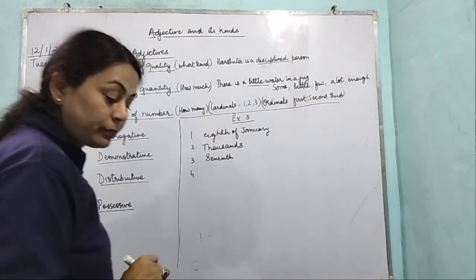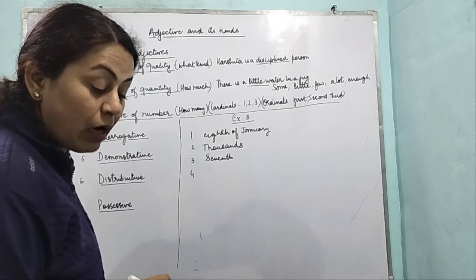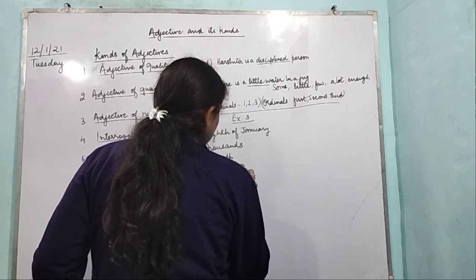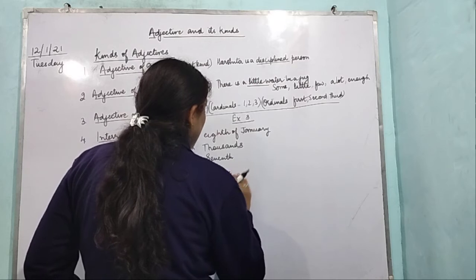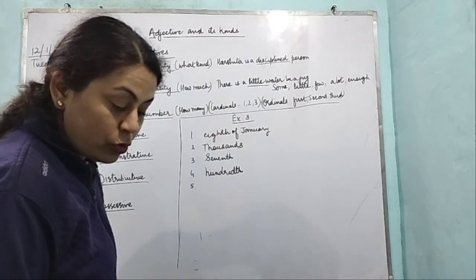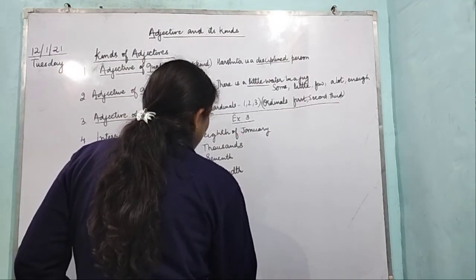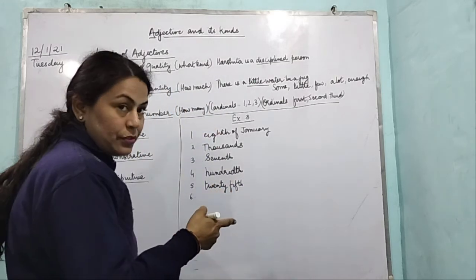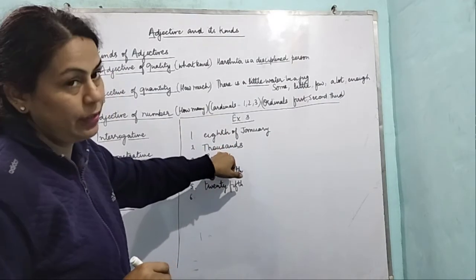Fourth, this is the 100th time the announcement has been made. 100th time. Tomorrow is their 25th wedding anniversary. 25th wedding anniversary. Here again, ordinal.